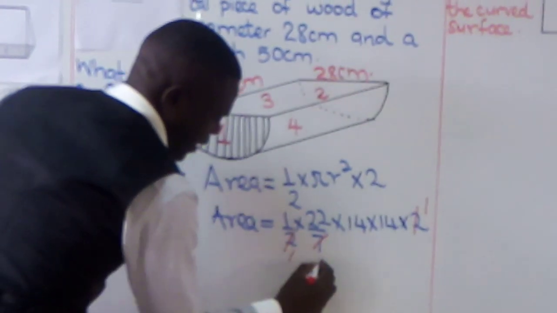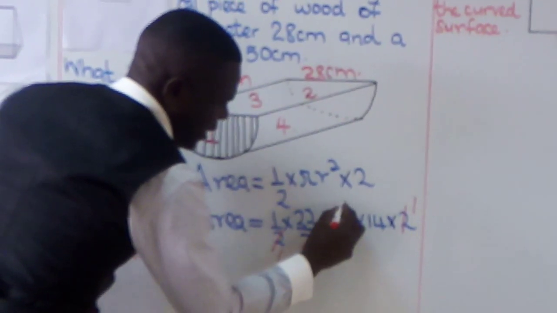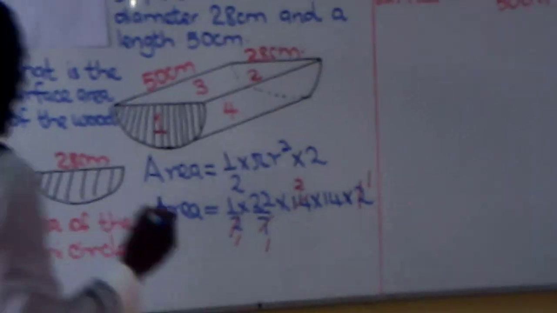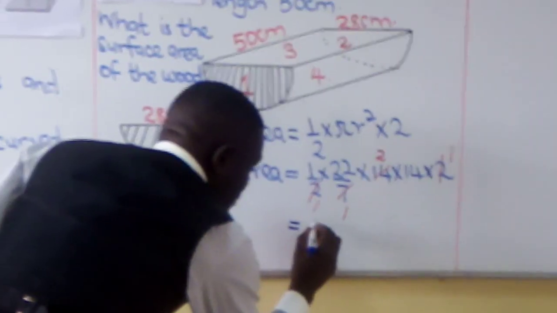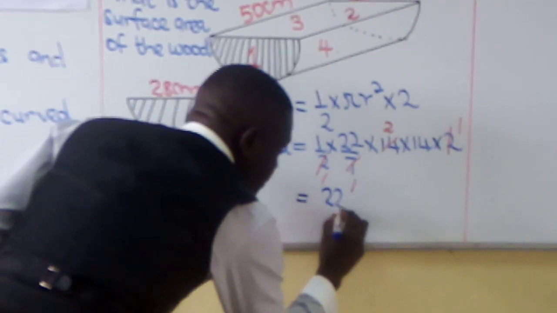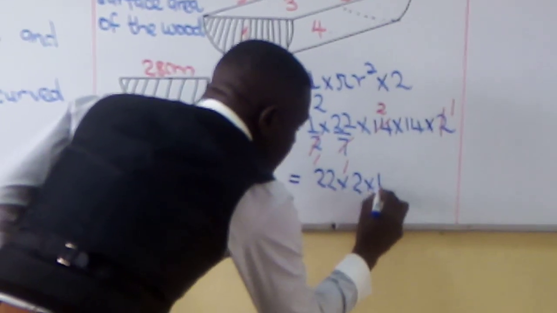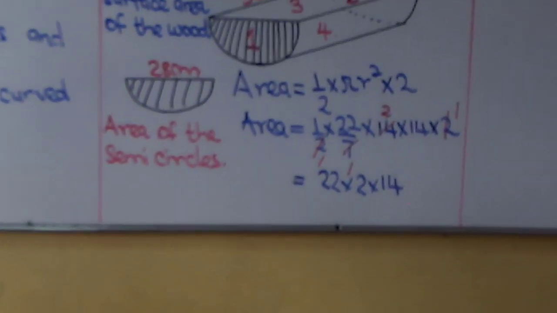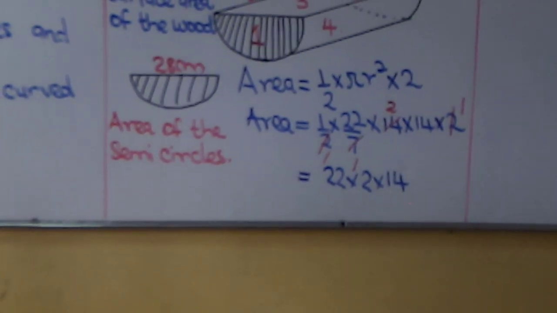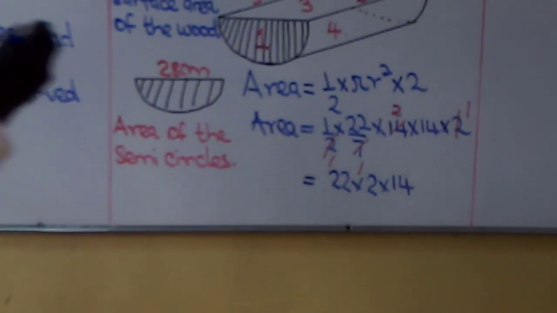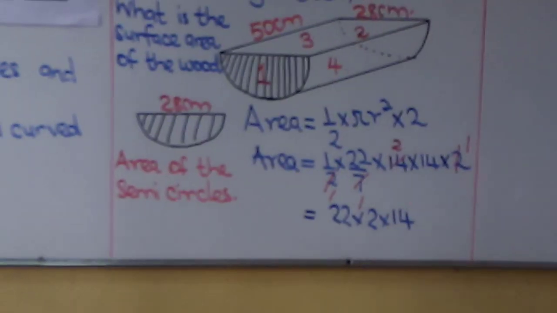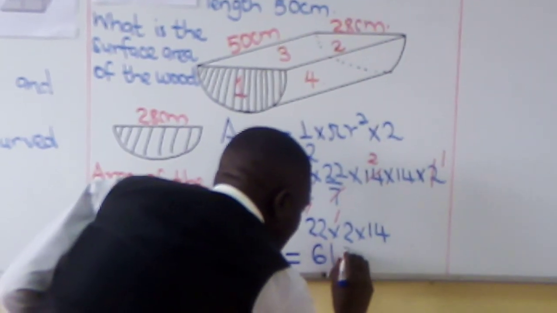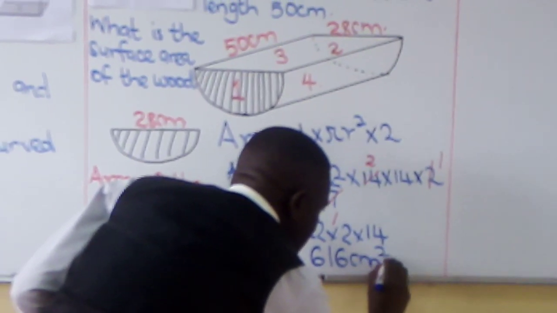7 by 7 is 1. 14 by 7 is 2. And then we multiply, let's say area is equal to 22 times 2 times 14. 22 times 2 times 14 is 616 square centimeters.